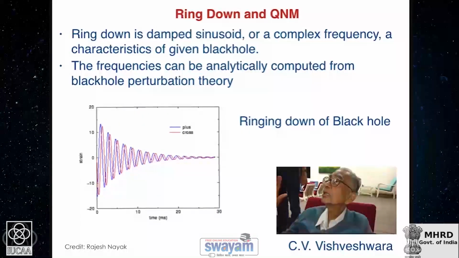The black hole behaves like a bell which rings for a while with a damped sinusoid with a definite frequency which characterizes the properties of the black hole, and this damped sinusoid slowly dies down and then it settles down to a Kerr black hole. So, these are called the quasi normal modes or ringing downs of a black hole.